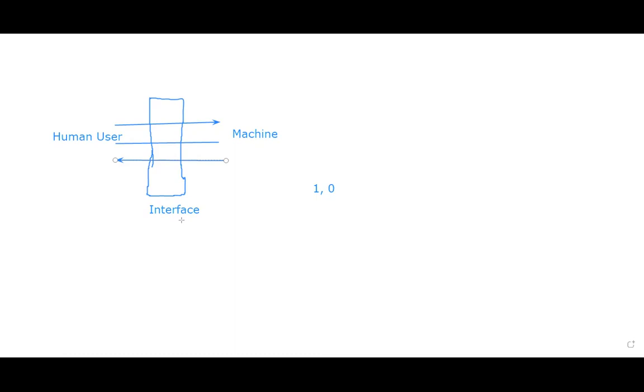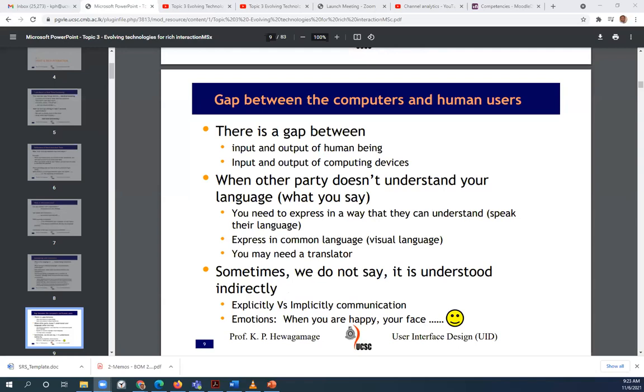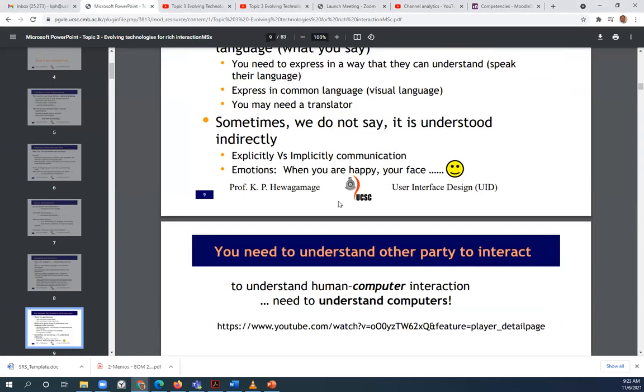So we call the interface a kind of translator, which does the process of taking things from human-understandable to machine-understandable format and vice versa, reversing back to the user. So this is the gap that is filled by the interface.